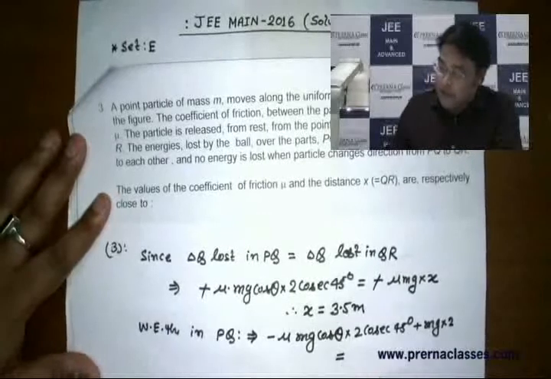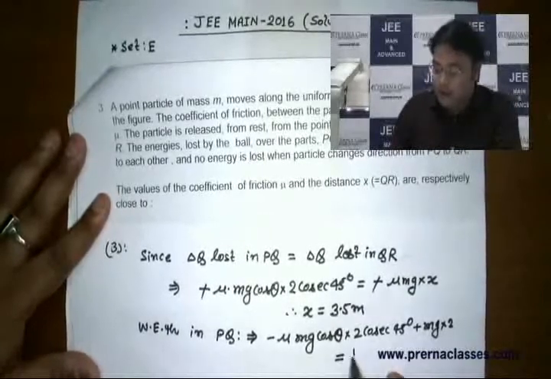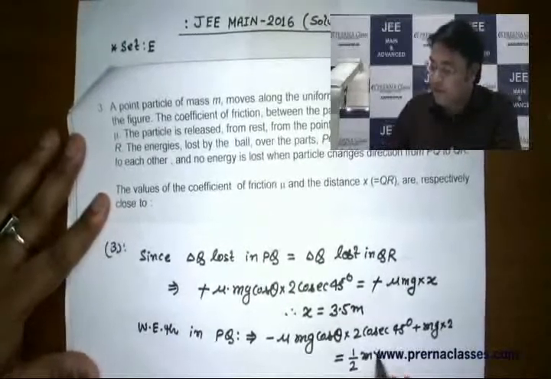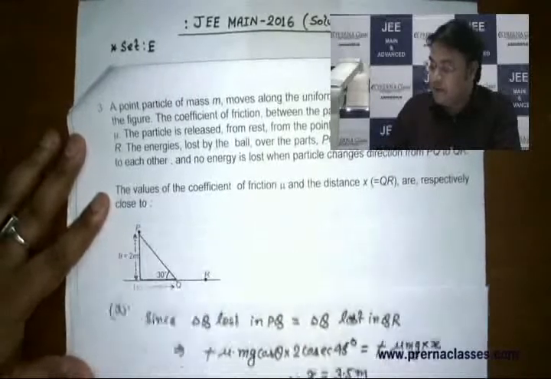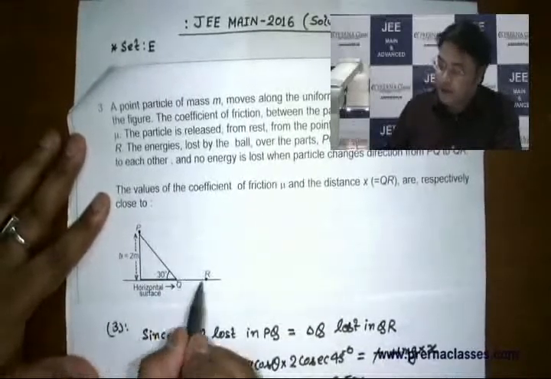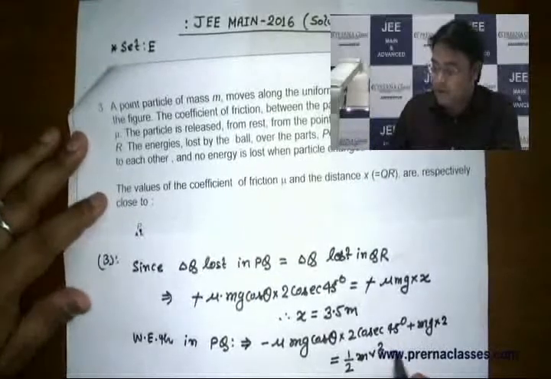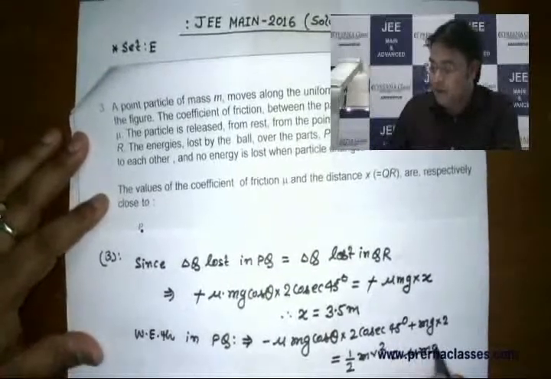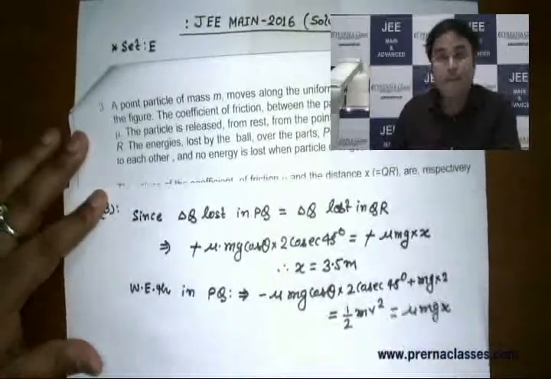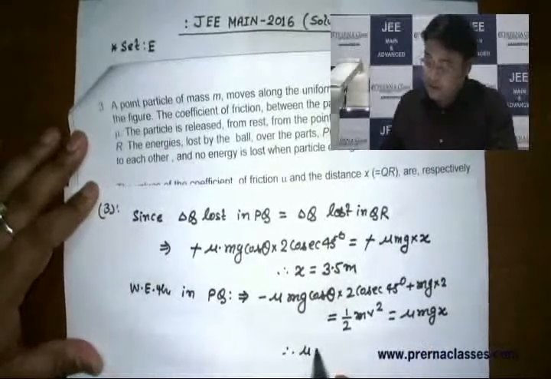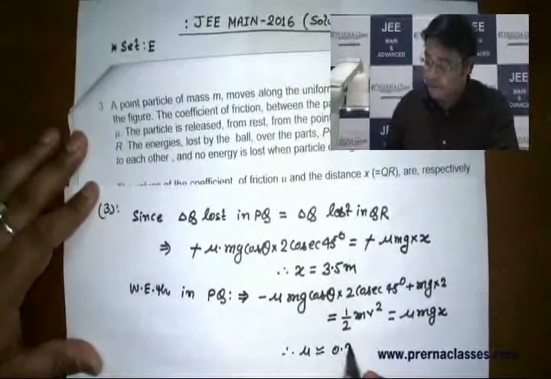Clear? And half mv_R square, you may write as Q to R, is equal to mu mg into x. If you solve this expression, mu comes to nearly 0.29. That implies option 3 is correct.